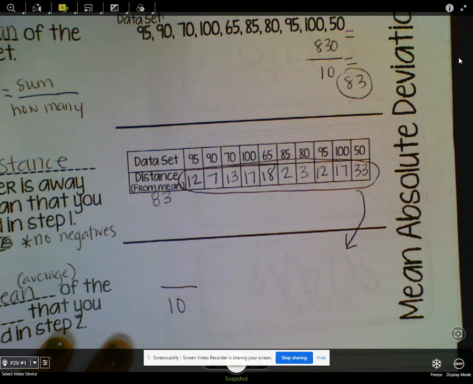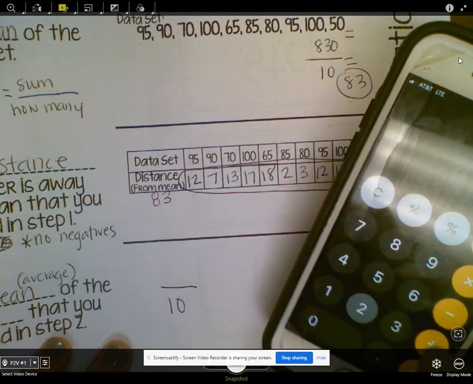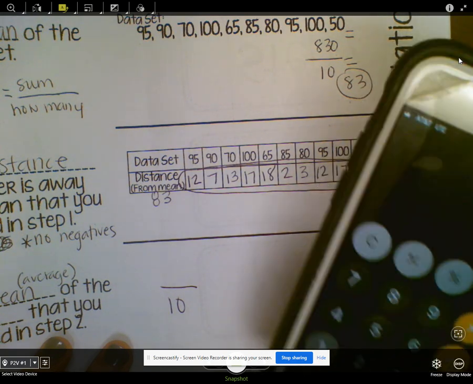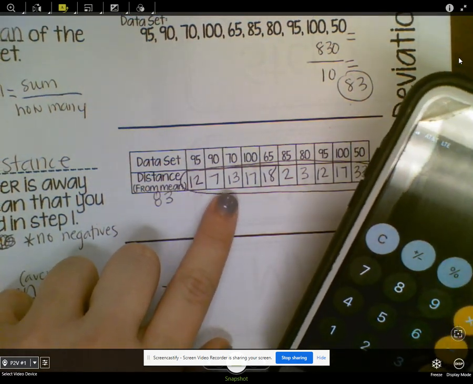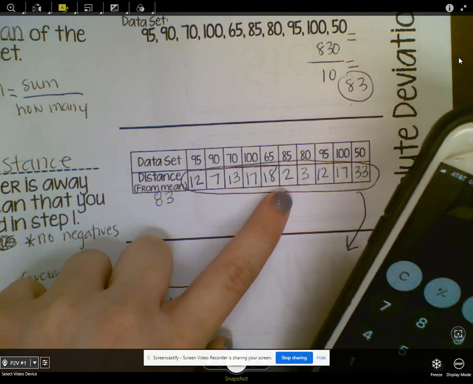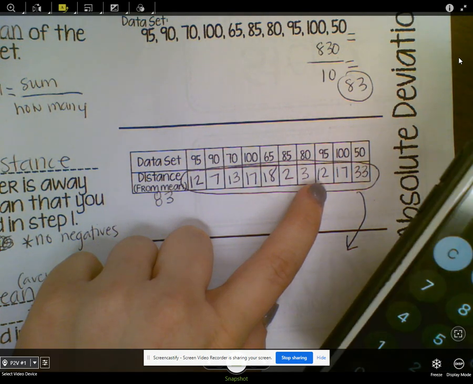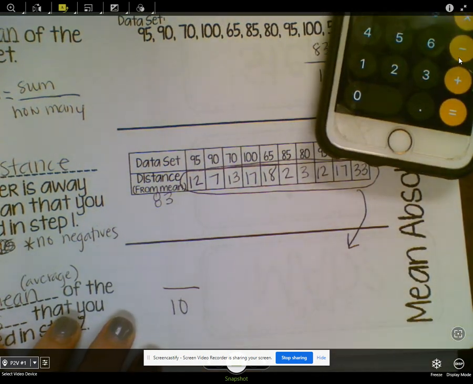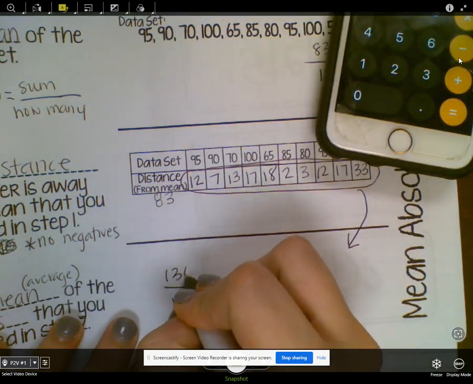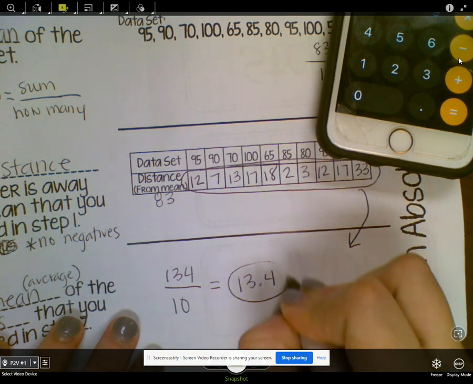When you add all those up, I think you get 143. I should have got my answer key out so I could hurry. But I'm adding all of these: plus 17, plus 18, plus 2, plus 3, plus 12, plus 17, plus 33. 134 is what it was. So when you divide that out, you get 13.4.